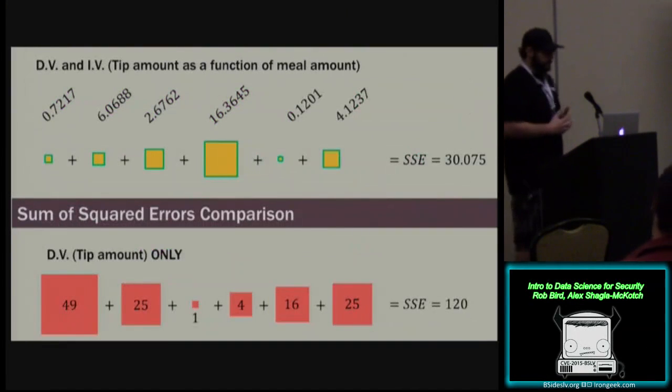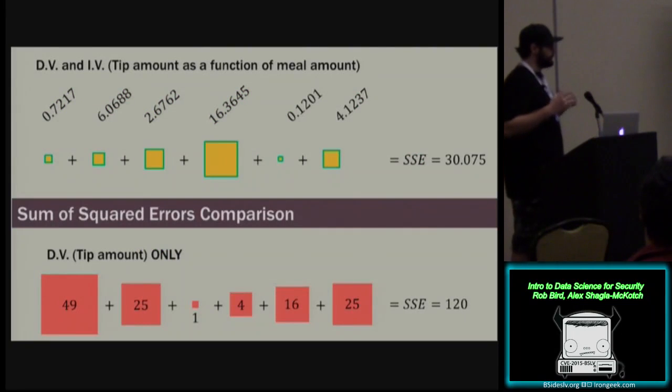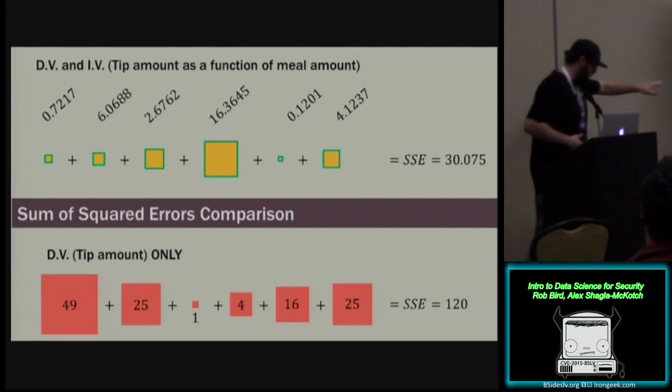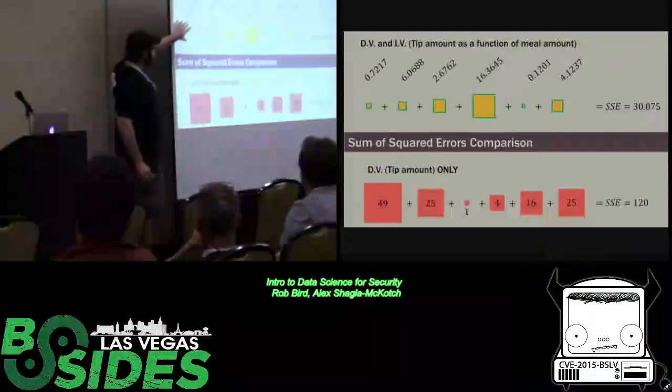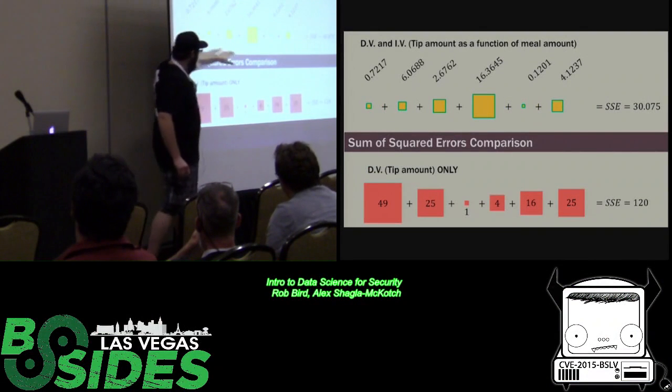And then what we want to do now is actually calculate this type of error to see what it is. For the first one, we looked at the tip amount based upon the meal amount. The first one we looked over was the bottom one here, which was just the tip amount. Then we looked at the actual tip amount versus the meal amount. And you can see that we have two different errors.